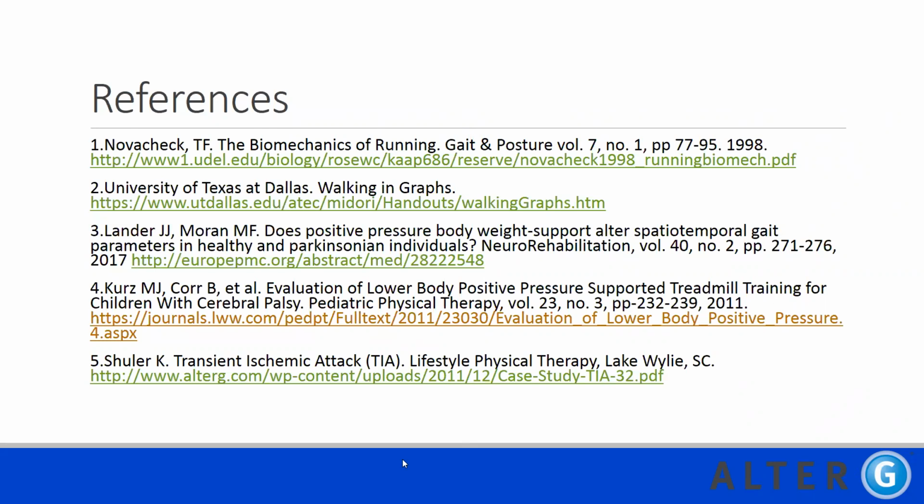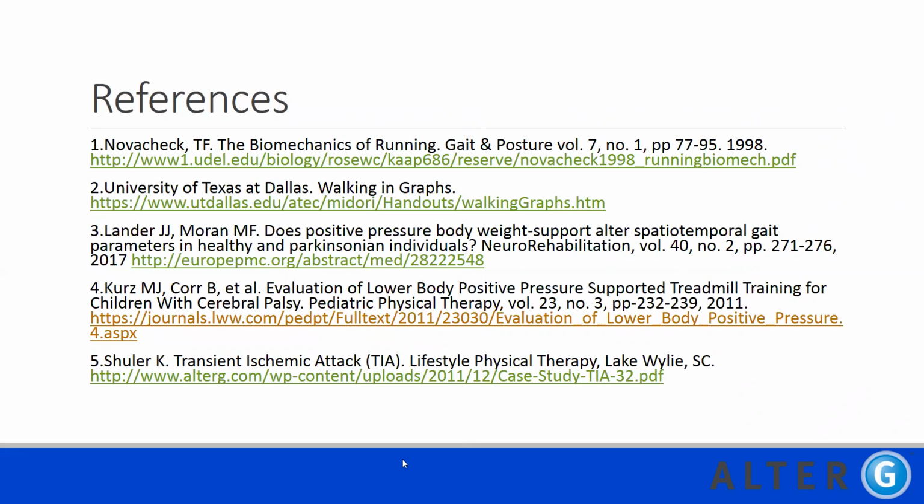Yeah, for sure. The AlterG has clear panels around it that allow you to see both sagittal views, posterior view, and a very small frontal view as well. That allows the therapist to see what's going on within the bubble, the bladder of the AlterG.